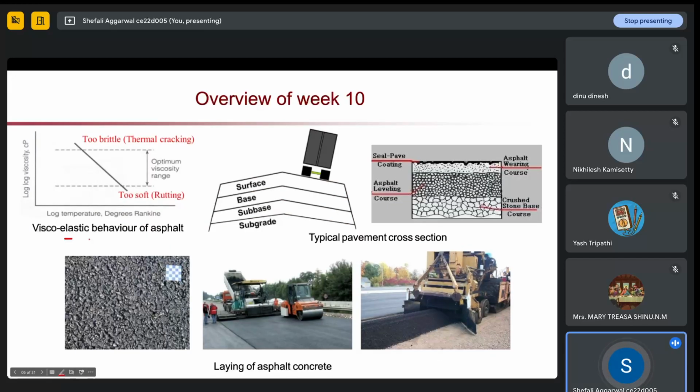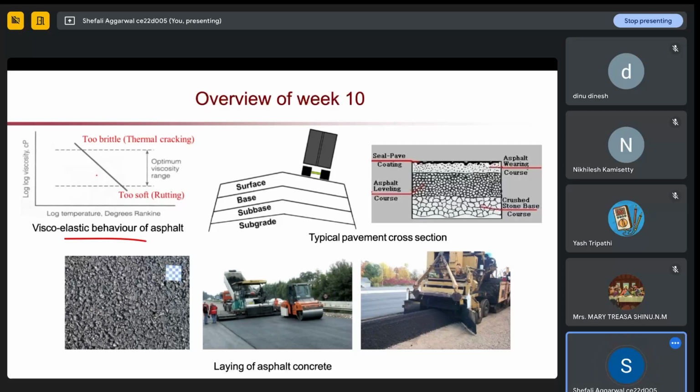As we are saying, asphalt has a viscoelastic behavior. With an increase in temperature, viscosity decreases and the material becomes softer. If you have observed roads during hot climates or summers, the road bends easily, or you can see some shiny patches, as the tar melts easily.